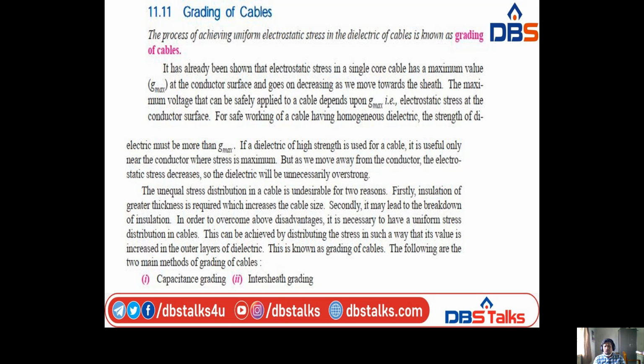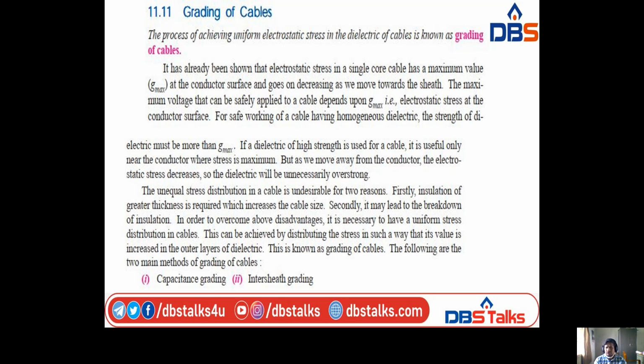Achieving uniform electric stresses in the dielectric of a cable is nothing but grading of a cable. The definition of grading of cable is the process of achieving uniform electric stresses in the dielectric of a cable. Very, very important for 2 marks and also 10 marks.